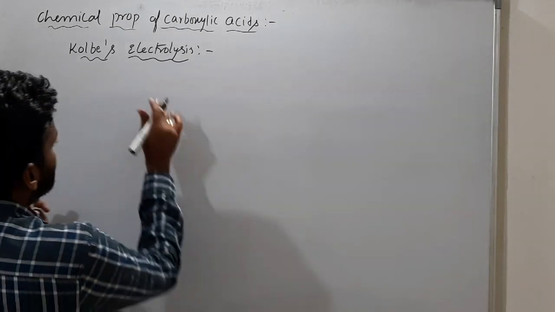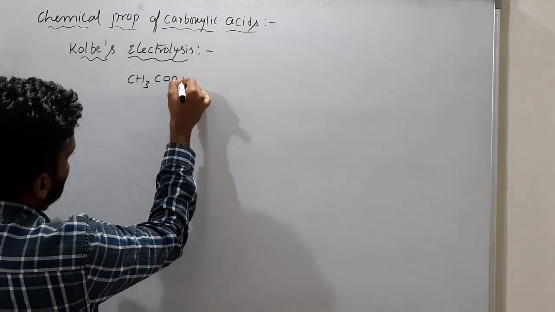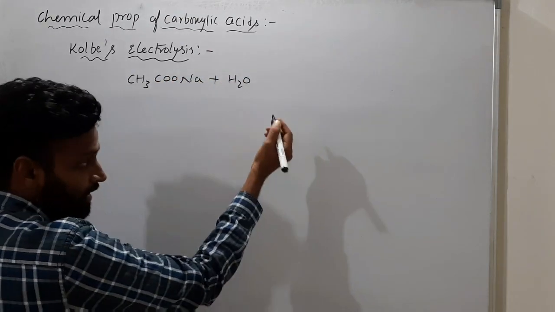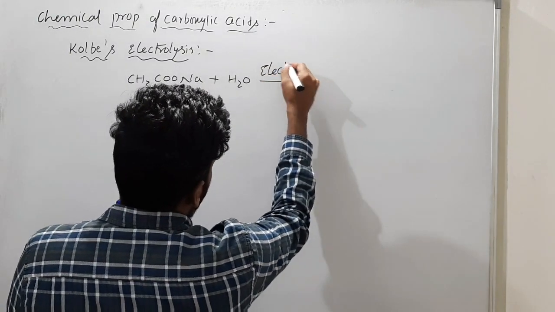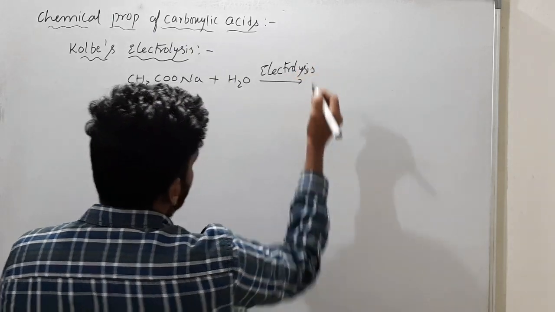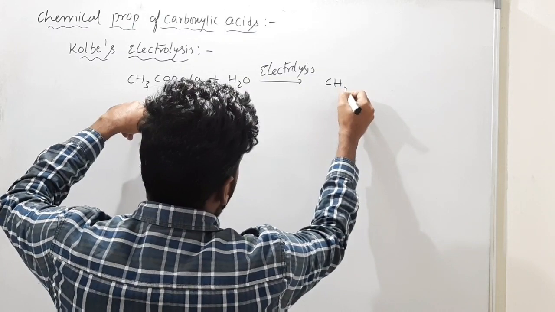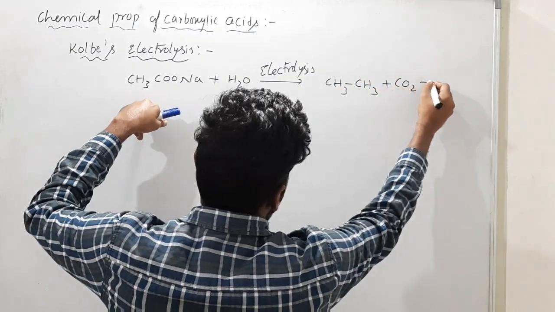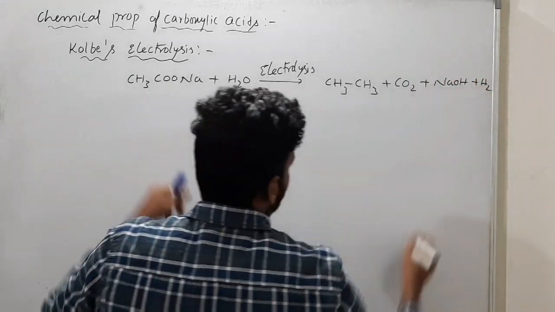Kolbe electrolysis. Suppose we take CH3COONa and react it with water. On electrolysis, you will get CH3-CH3 plus CO2 plus NaOH plus H2.